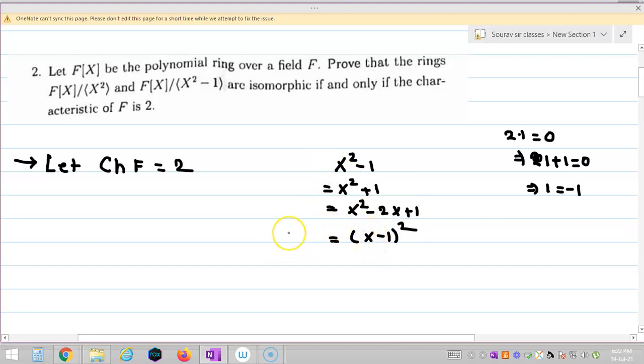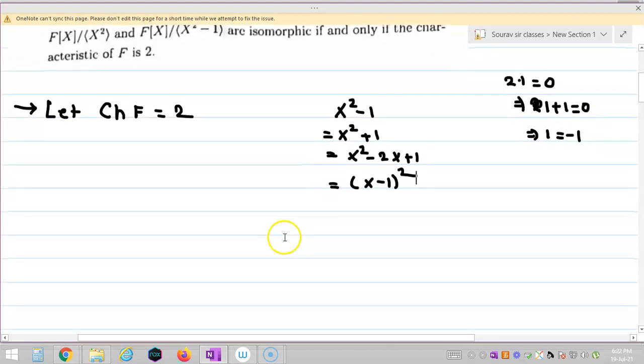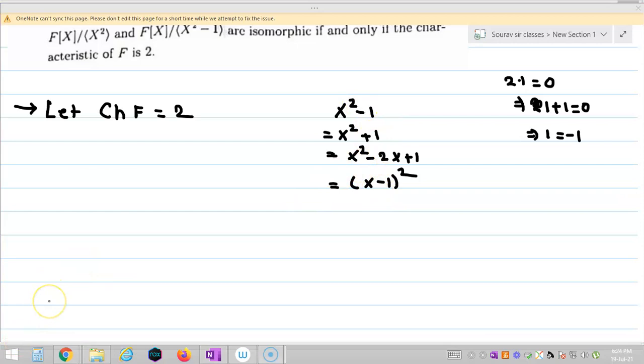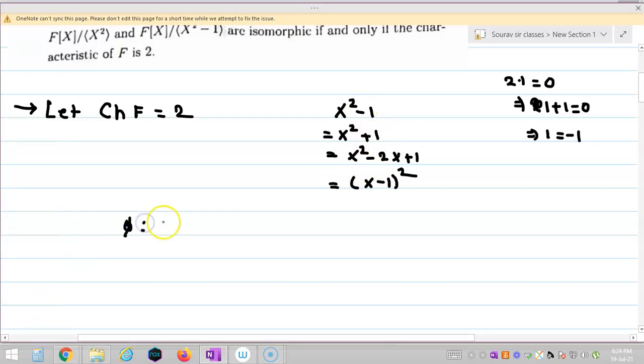So x squared minus 1 is equal to (x minus 1) whole squared. Now define a map phi from F[x] to F[x], defined by phi where x goes to x minus 1.